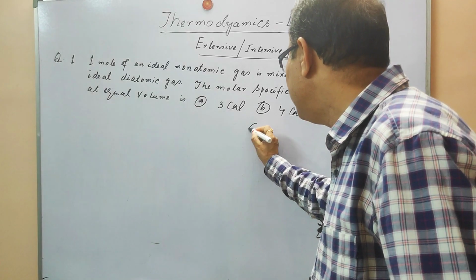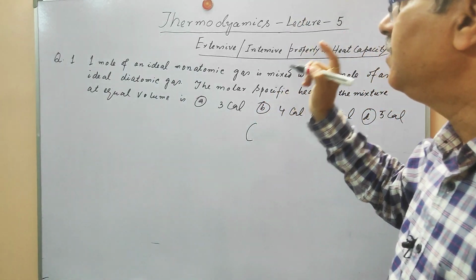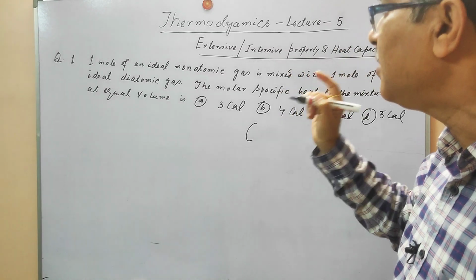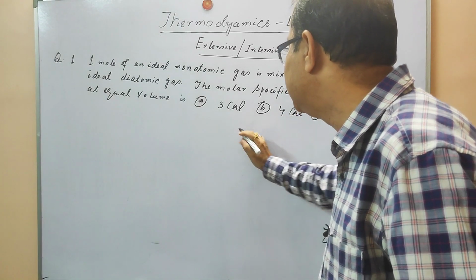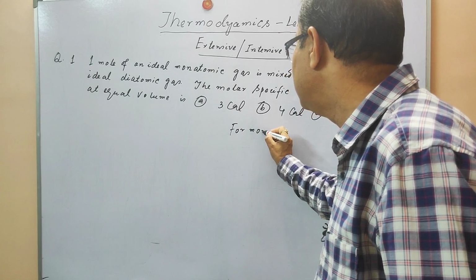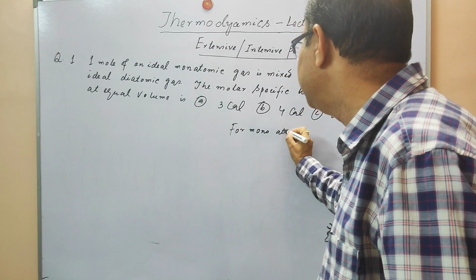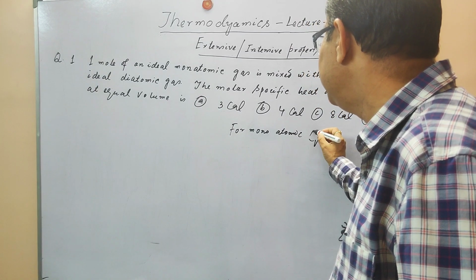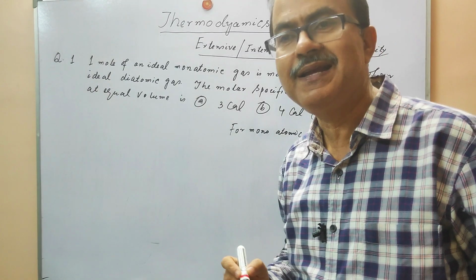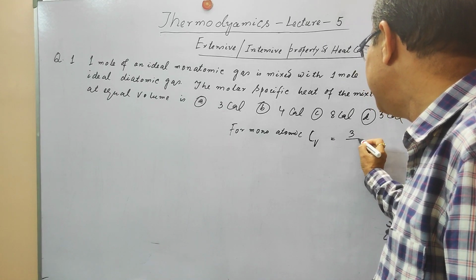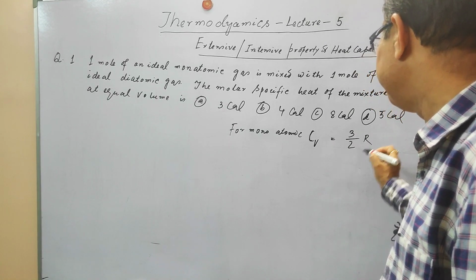So first we have to know the very important thing that you must remember: for the monoatomic gas, what will be the Cv? The Cv for monoatomic gas is basically 3 by 2 into R.